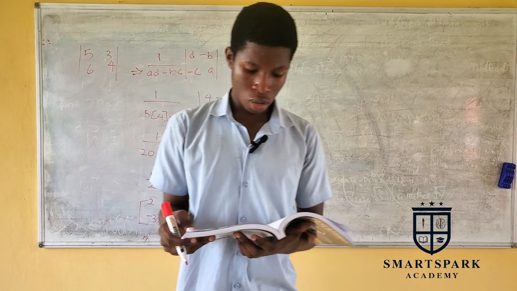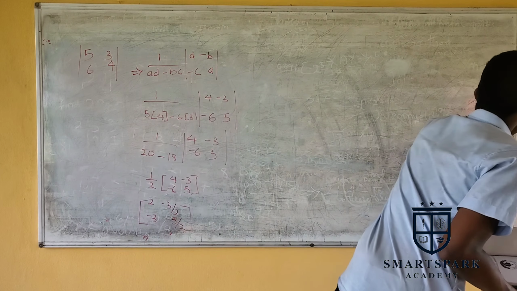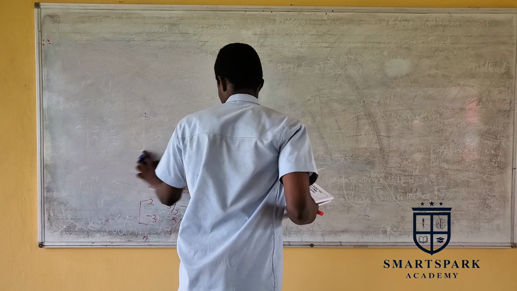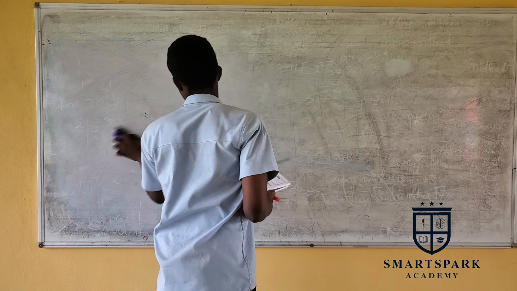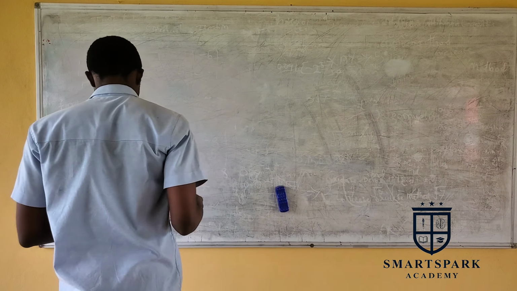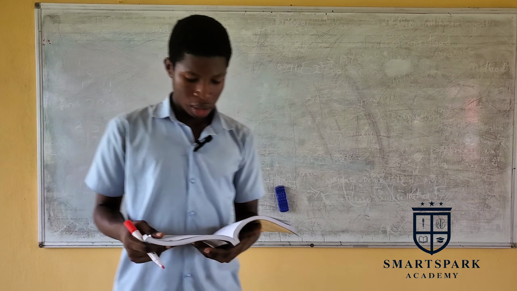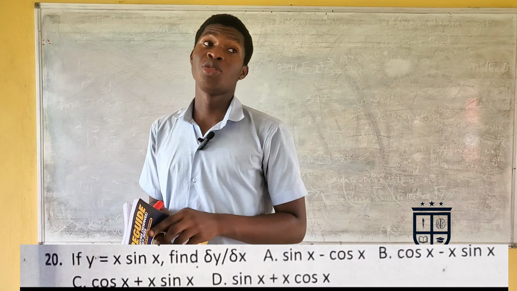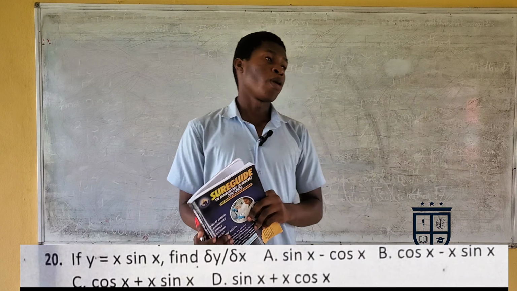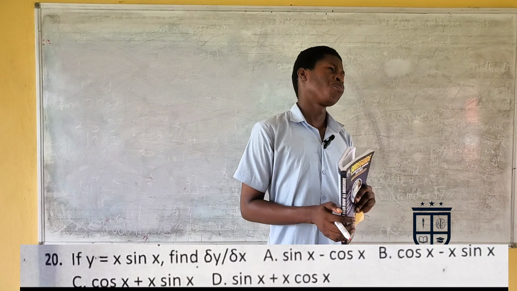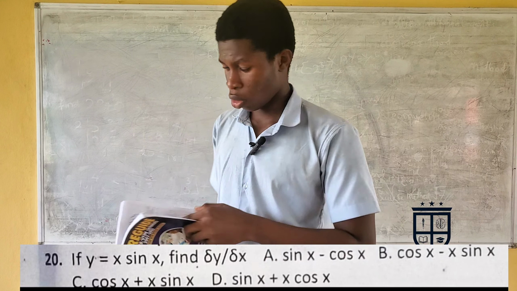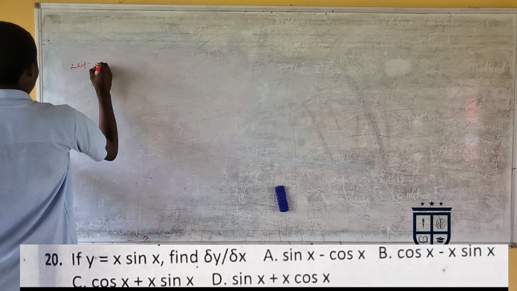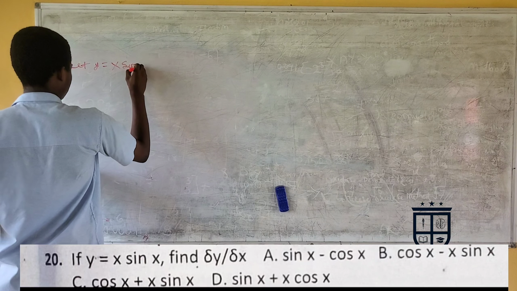So we are going to head on to question 20. Question 20 says, if y is equal to x sine x, find dy over dx. For this, we are going to use differentiation. We are going to differentiate using the product rule. So now we are writing out the equation. Let's say y equals x sine x.